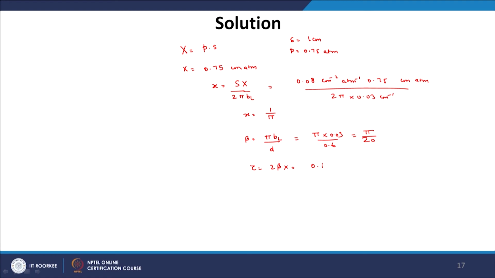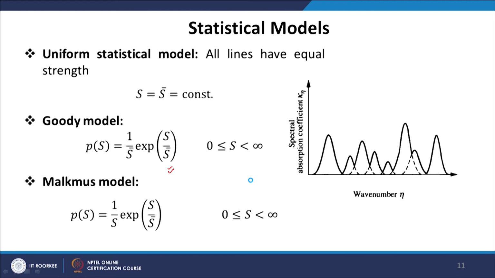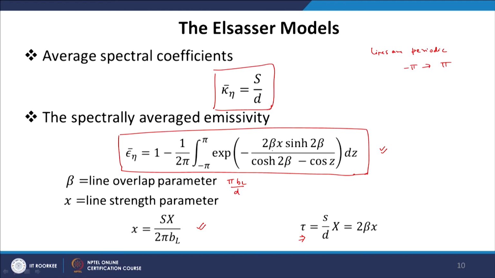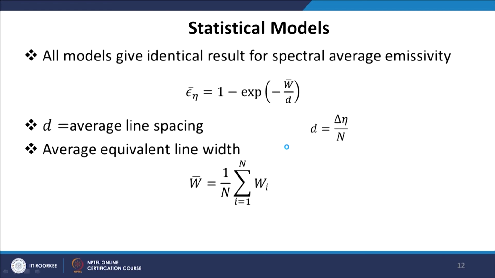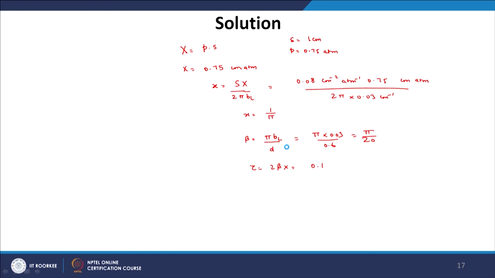Now the mean emissivity can easily be calculated using this formula. Let me show you this formula again. We put in the values of beta and x and integrate from minus pi to pi to find the mean transmissivity. Again, I will not try to solve this here. The value, which I am writing directly, is 0.0867.